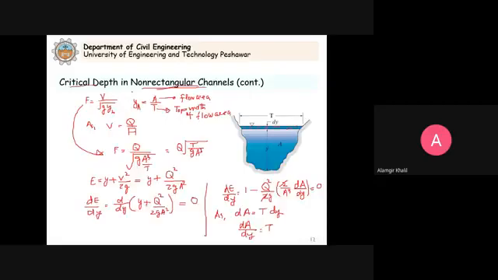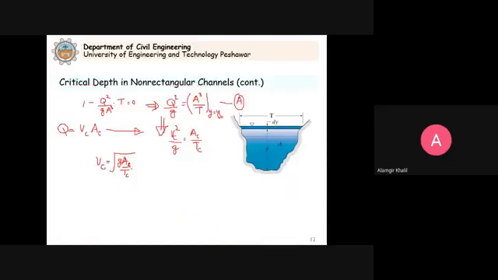This is actually your hydraulic depth. You see here Yh is equal to A divided by T. So this can be written as square root of g into Yh, the hydraulic depth, and because this is Ac by Tc, that is corresponding to the critical depth. Clear?